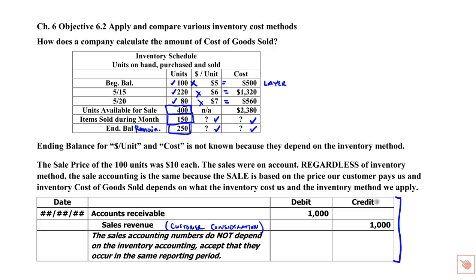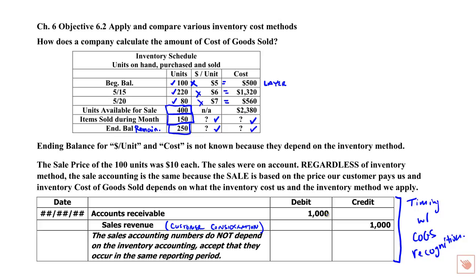Now, the one thing they do have in common is timing with the cost of goods sold recognition. To the extent the inventory that you sold or used up this period was used to generate the revenue, you'd want to recognize that cost of goods sold in the same period as the sales revenue generated from it.